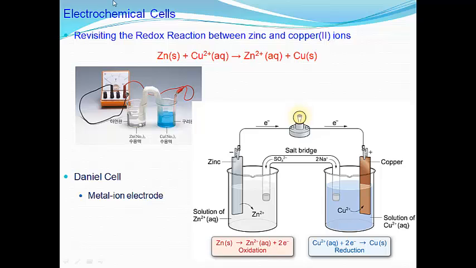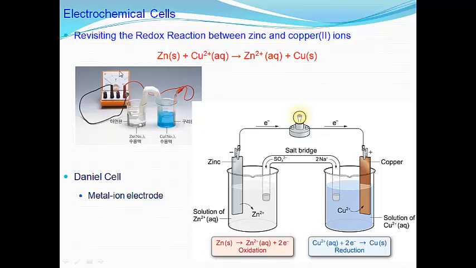And so all of this here now is termed an electrochemical cell, right? We have one side for oxidation and one side for reduction.